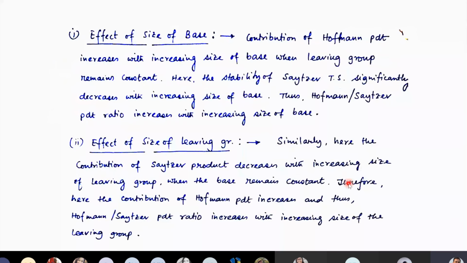So in this case also, similarly, the contribution of Saytzeff product decreases with increasing size of leaving group when the base remains constant. Therefore, the contribution of Hofmann product increases and thus the Hofmann by Saytzeff product ratio increases with increasing size of the leaving group. Clear?